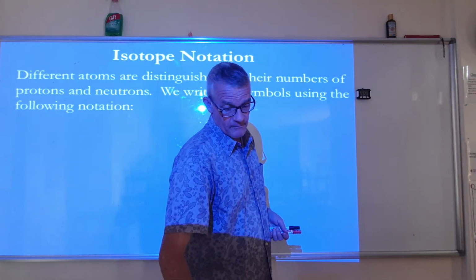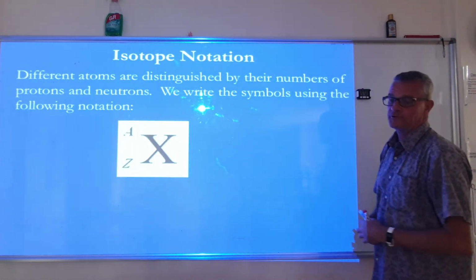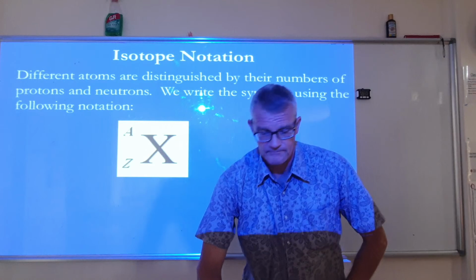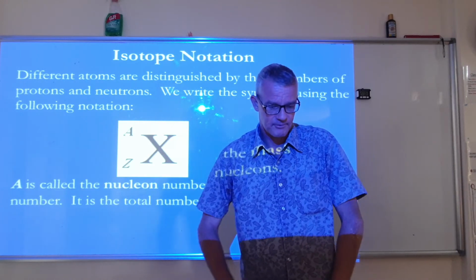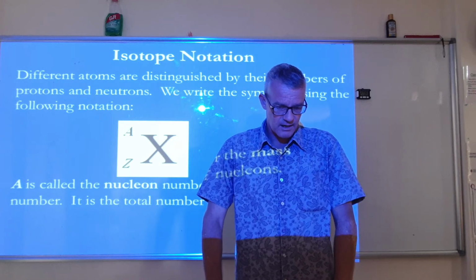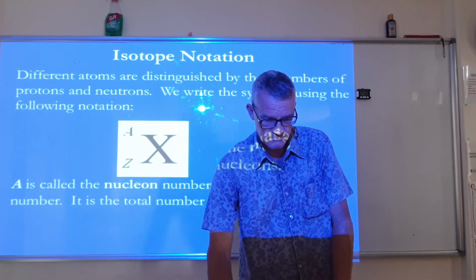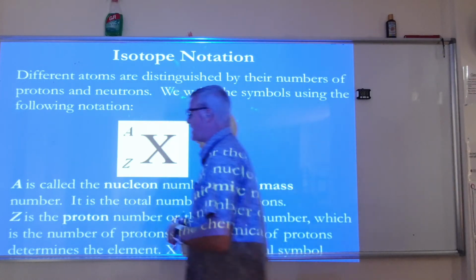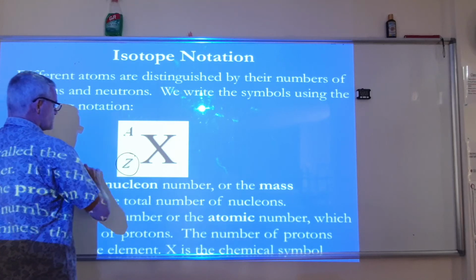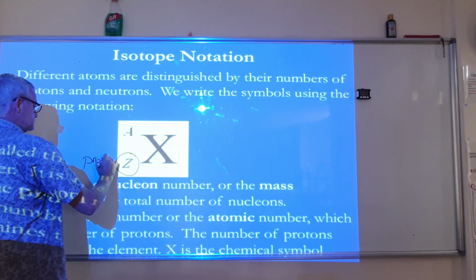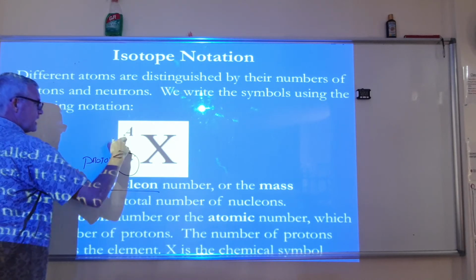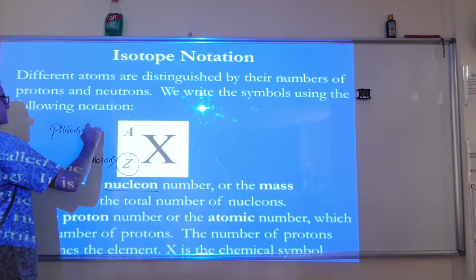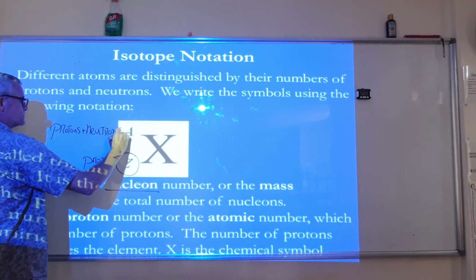Okay. Now, don't forget, on the top we put the nucleon number, and in the bottom we put the atomic number or proton number. So this number defines the amount of protons, and the nucleon number is the amount of protons plus neutrons.